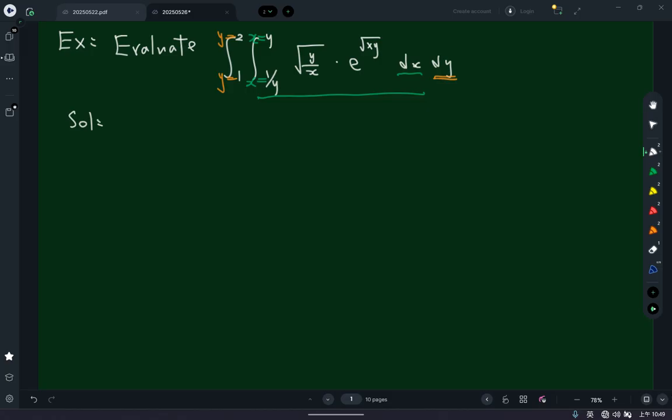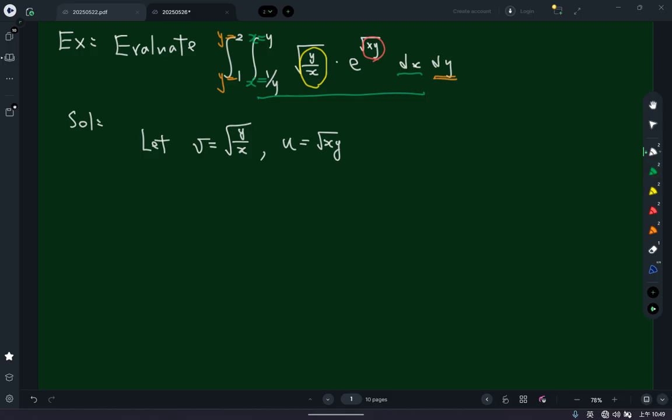Based on this, you can see here is a little bit complicated, right? And another one is this one. So why not let v equal square root of y over x, and u equal square root of xy.